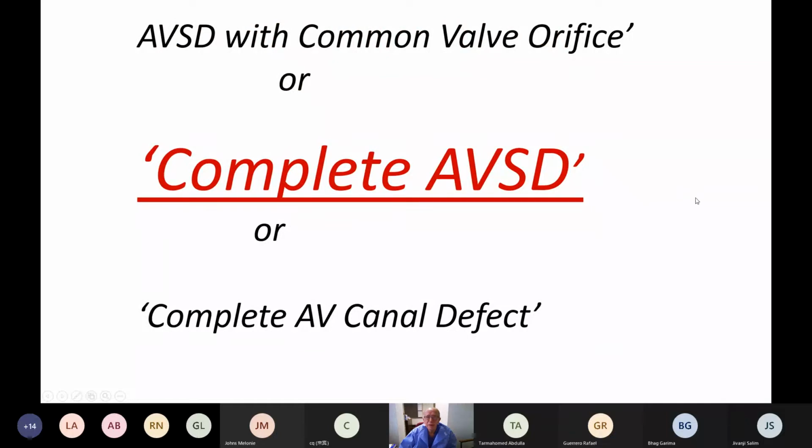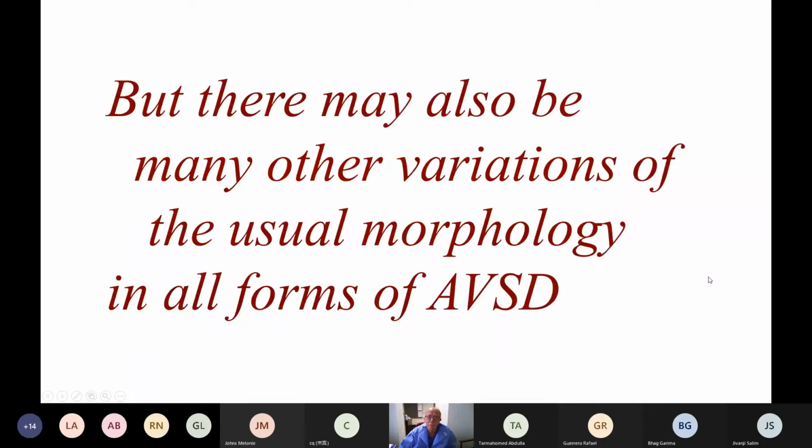So an AVSD with common valve orifice is called a complete AVSD. It used to be called complete AV canal defect, which I think is acceptable because everybody knows what a complete AV canal defect is. Anyway, this is the official term.